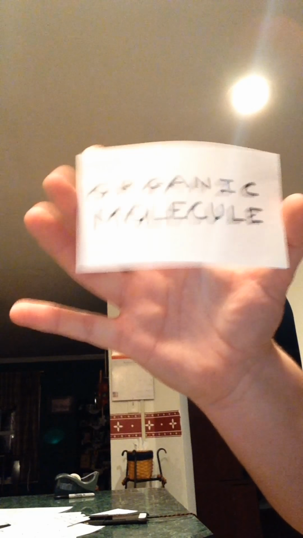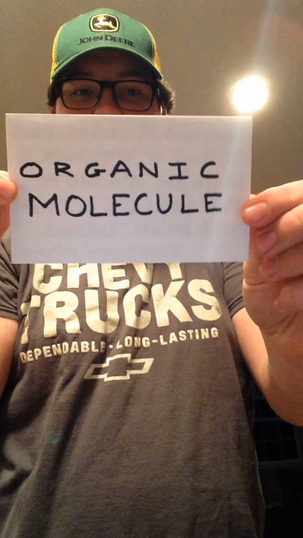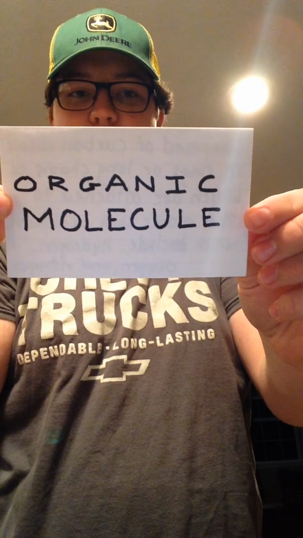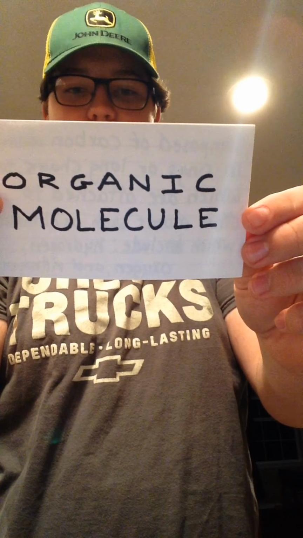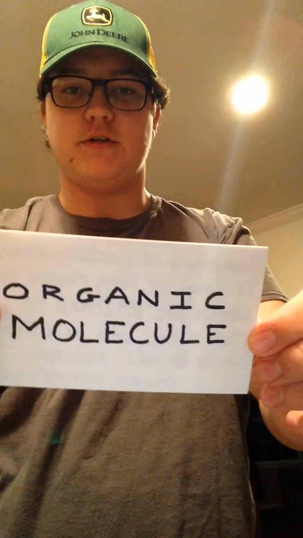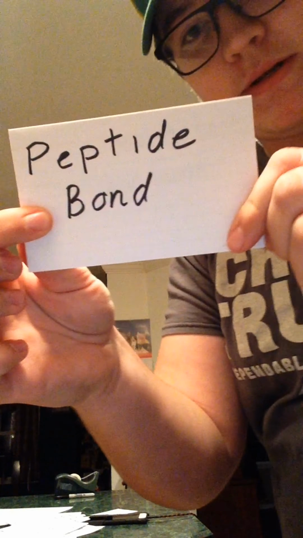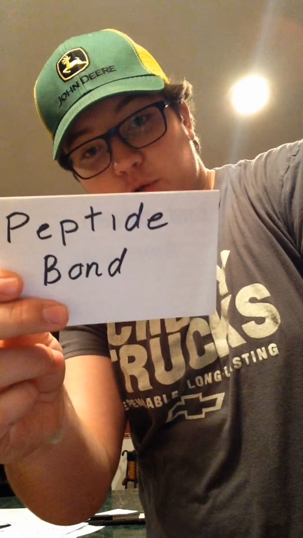Organic molecule, composed of carbon atoms in rings or long chains to which are attached other atoms, such as elements which include hydrogen, oxygen, and nitrogen. A peptide bond is a bond between amino acids. Simple as that. Next up, we got us a polymer.